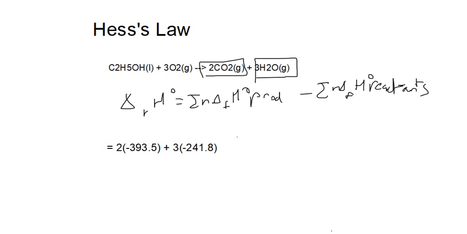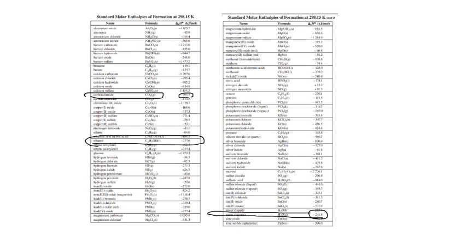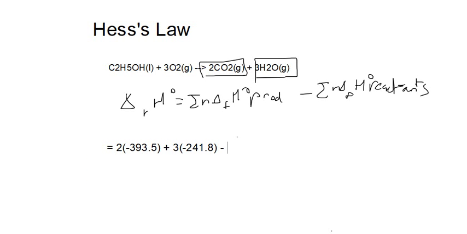And then that minus the reactants. Oxygen gas doesn't have an enthalpy of formation. Ethanol is negative 277.6. That's just one mole, but the negatives cancel out, so that would just be a plus.